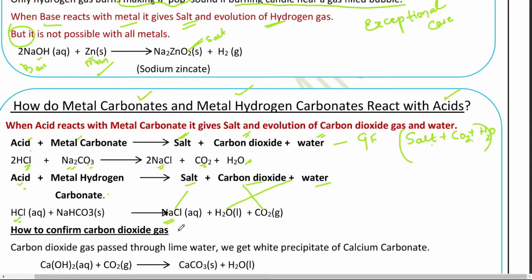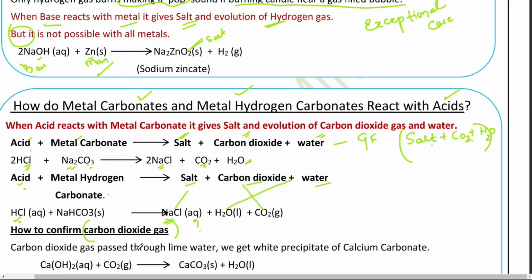Now, how will you confirm? As here we confirm that whenever hydrogen gas is evolved, it makes a popping sound if a burning candle is brought near a gas filled bubble. Whereas in this part, how to confirm whether the gas which is evolved is carbon dioxide or not?